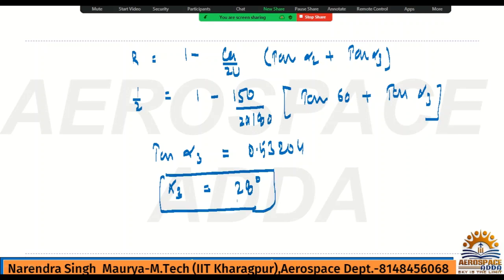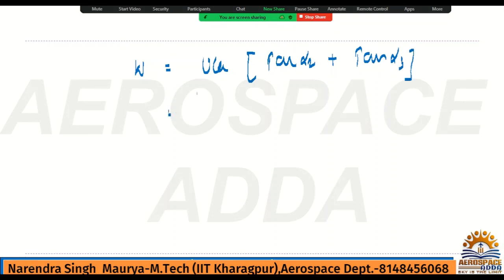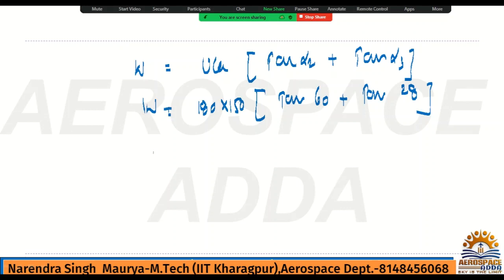Now in the work done formula, you can write W equals U Ca (tan alpha 2 plus tan alpha 3). U is 180, Ca is 150, tan alpha 2 is 60, plus, as you just calculated, alpha 3, which I got as 28. So this is W, the specific work.